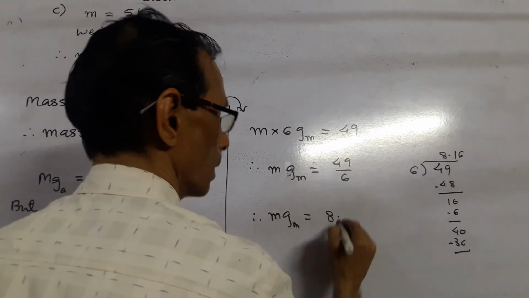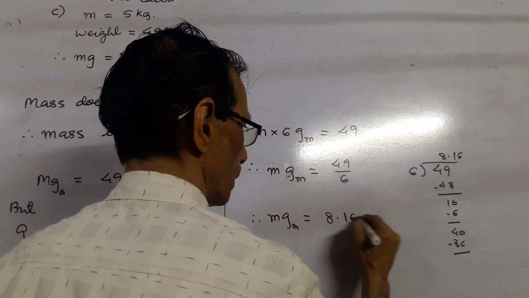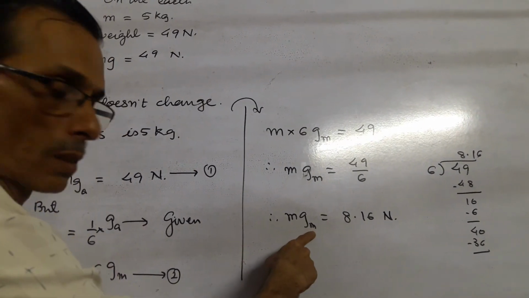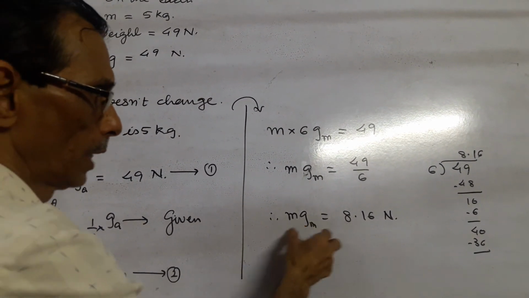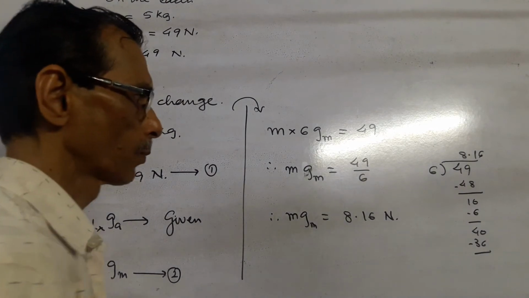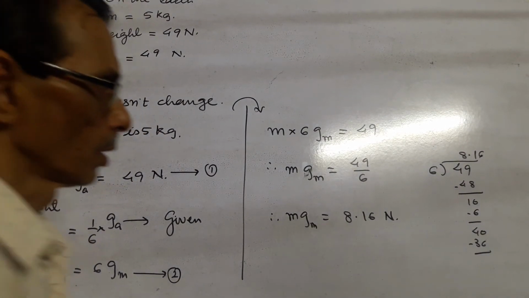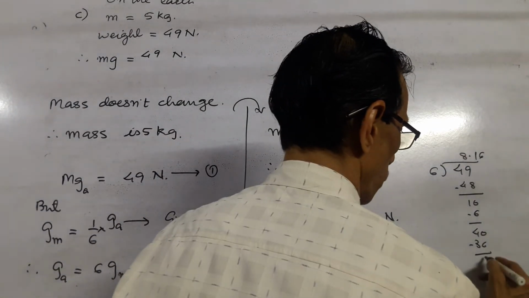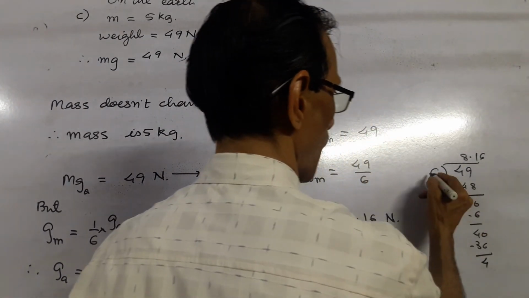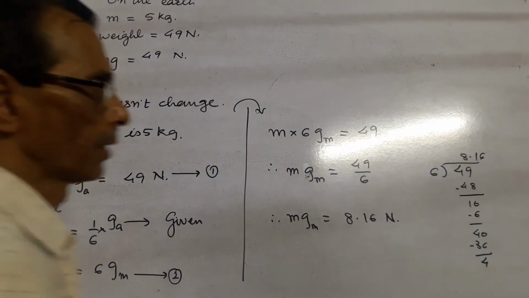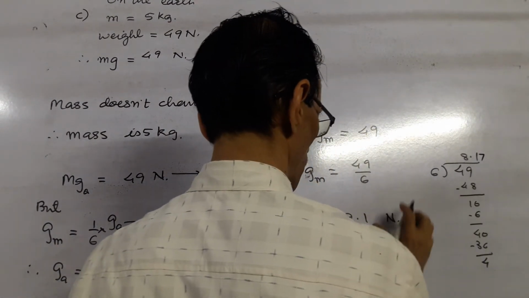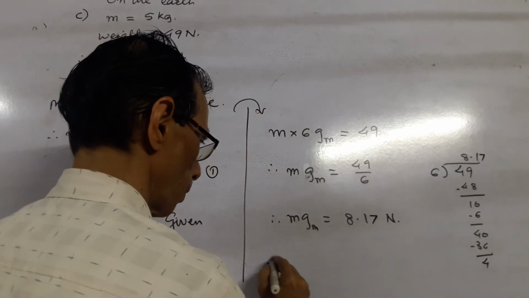So approximately 8.16 Newton, you have to write Newton. So we know mass into gravitational acceleration on the moon is the weight of that body on the moon, which is 8.16 Newton. Now in the book 8.17 is given, because here 4 remains and 4 is greater than half of 6, and therefore instead of 6 we can write 7.